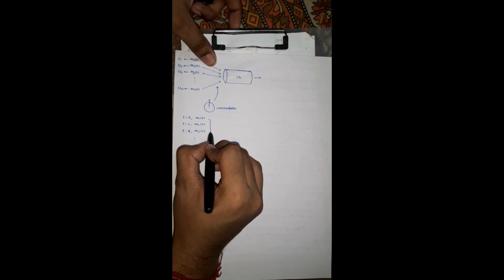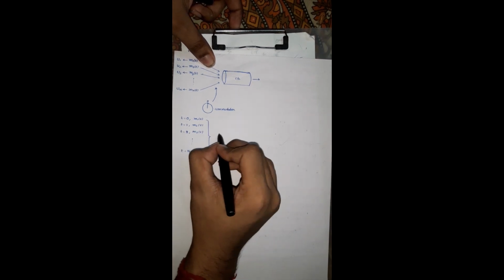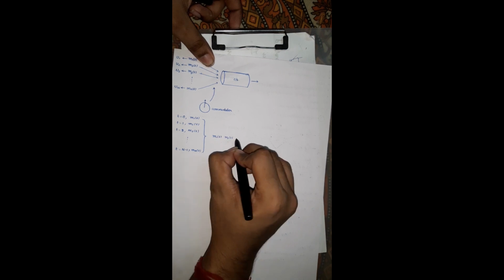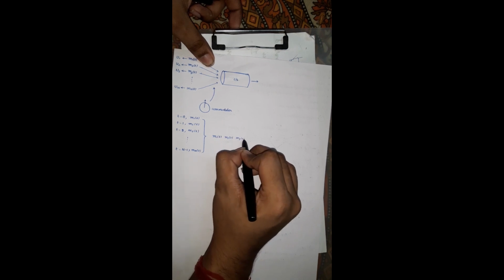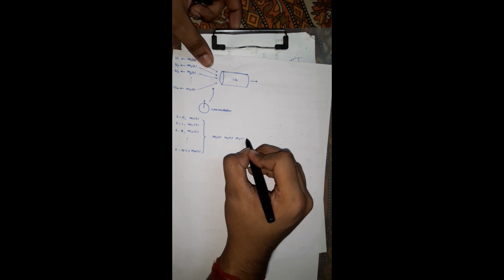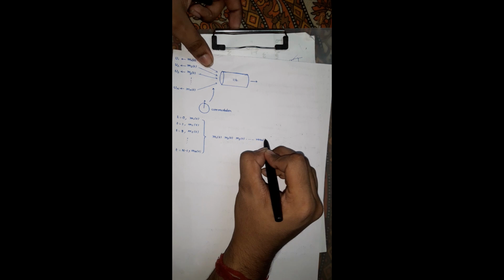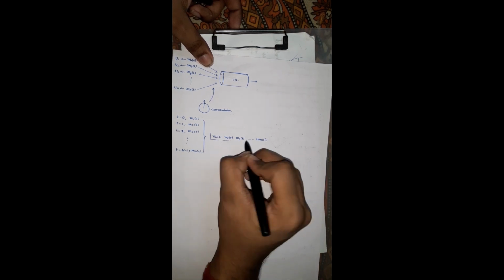That means what we are going to do over here is send message 1, message 2, message 3 and so on, up to message n at several times. That is, we are dividing the time actually.